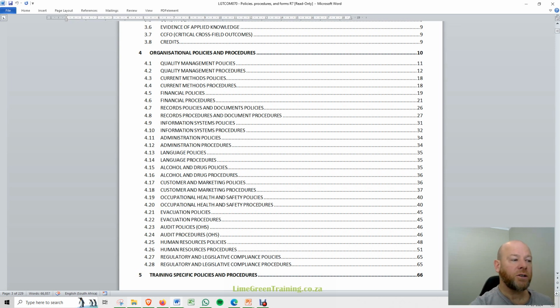So your financial policies, your financial procedures. QCTO will require you to have these policies and procedures in place. Language policy, alcohol and drug policy, customer and marketing policies, evacuation policy, audit, human resources, regulatory and legislative compliance policies and procedures. Policy and procedure for how you do everything in your company.